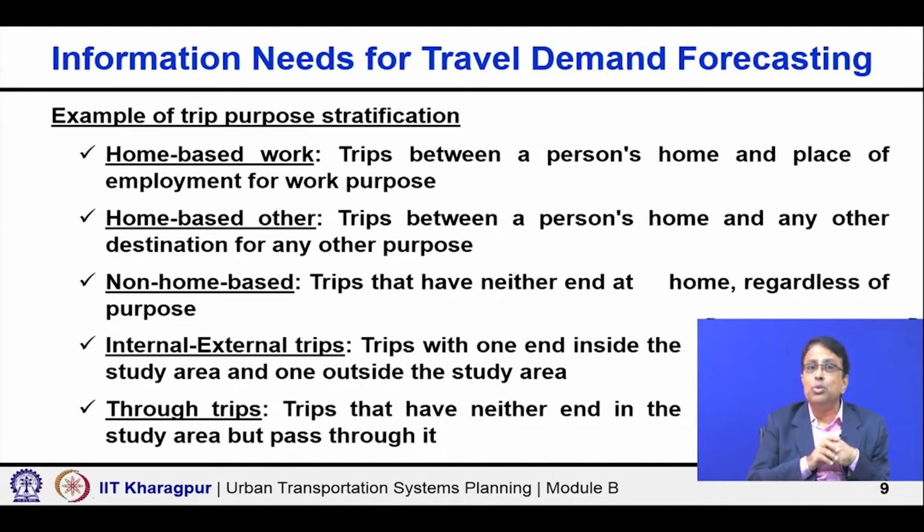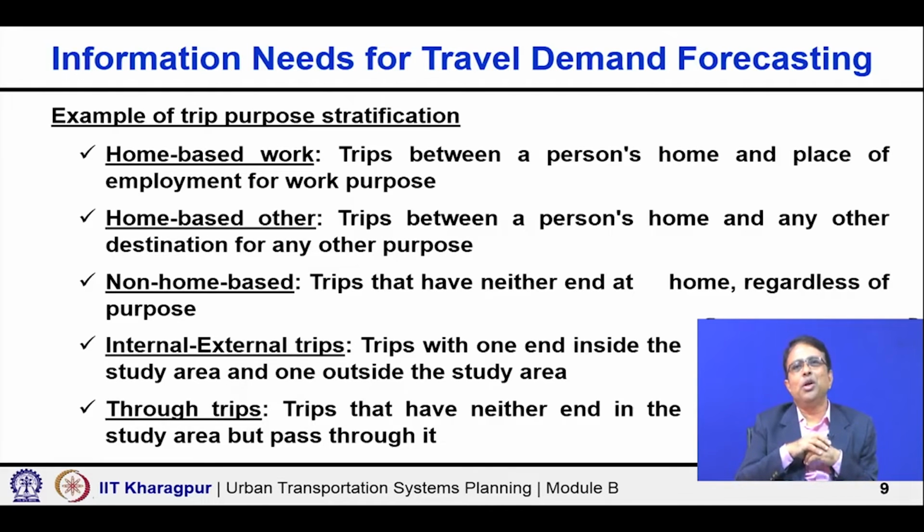This through trip is typically very important when you want to do the bypass planning for a city, whether you need a bypass or not, right. So, we need to find out how much is the through trip. If through trip is really significant, then to decongest the city road, the best way if possible, depending on the land and other considerations, is to have a bypass.